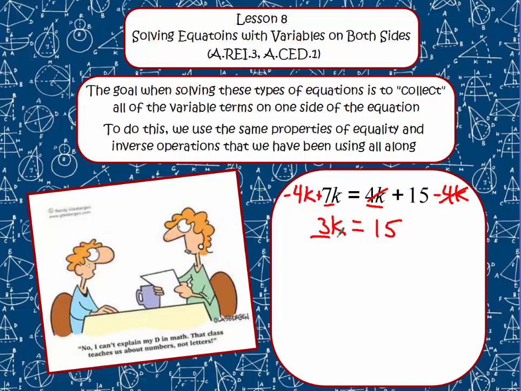It's the same thing as dividing by 3. When I divide by 3, that becomes 1, leaving me with just k. And over here, 15 divided by 3 equals 5. So all the same properties we've been using all along are what we're going to continue to use today, trying to isolate the variables onto one side of an equation.